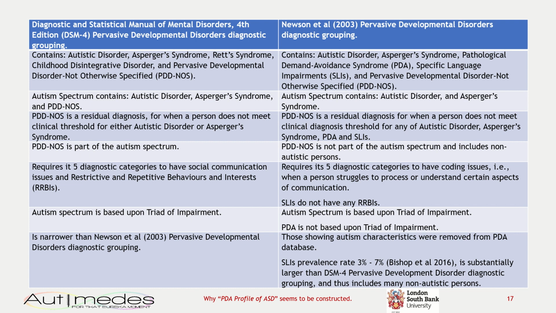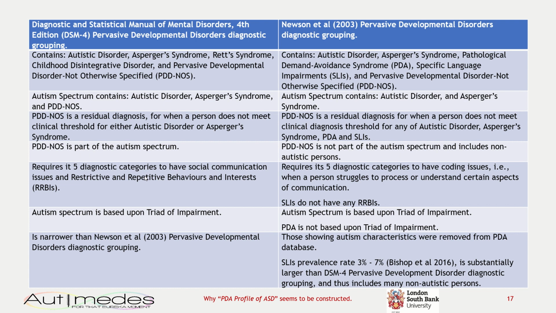So PDD-NOS is a residual category for those not meeting threshold for autistic disorder or Asperger's syndrome in the DSM-IV, while in Newson's it's when someone does not meet threshold for autistic disorder, Asperger's syndrome, PDA, or specific language impairment. So it's much broader in Newson's, and it also means that in Newson's PDD-NOS is not part of the autism spectrum, while it is in the DSM-IV.